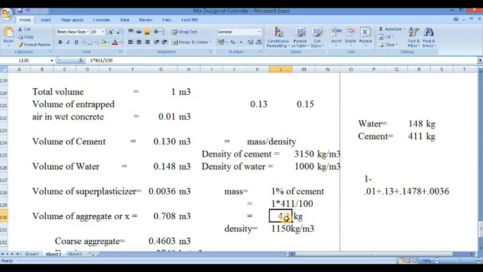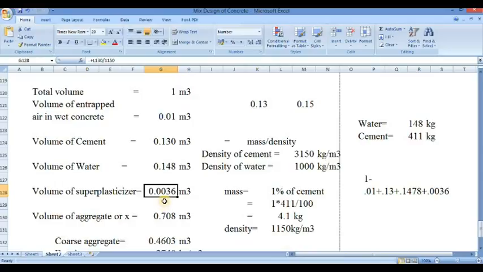If you divide this mass by the density of the superplasticizer, you will get its volume. The density is 1150 kg per meter cube. This is not fixed; you can get it from the manufacturer, who indicates the actual density of the superplasticizer. So from that value you can calculate the volume as mass divided by density.